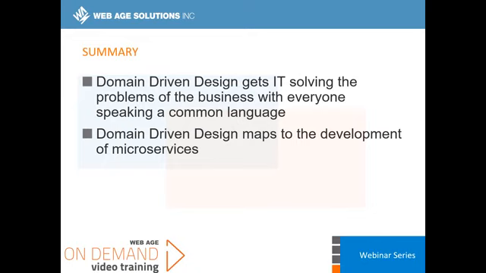We've taken that a step further with domain-driven design and specified some unique mappings in the context map, and then a unique implementation using aggregate roots, entities, et cetera. All of that is virtually a one-for-one mapping to the development of microservices.